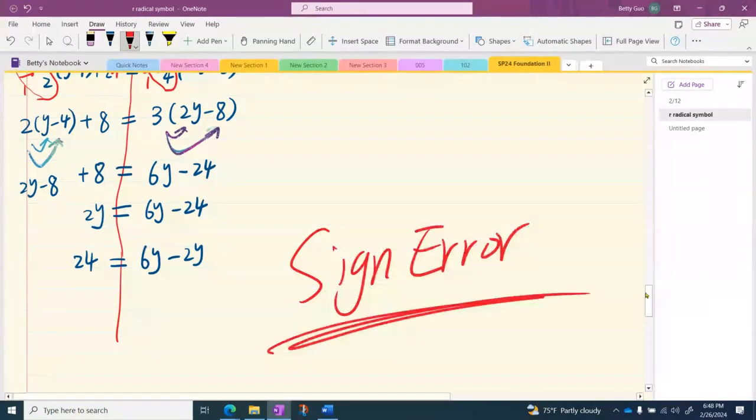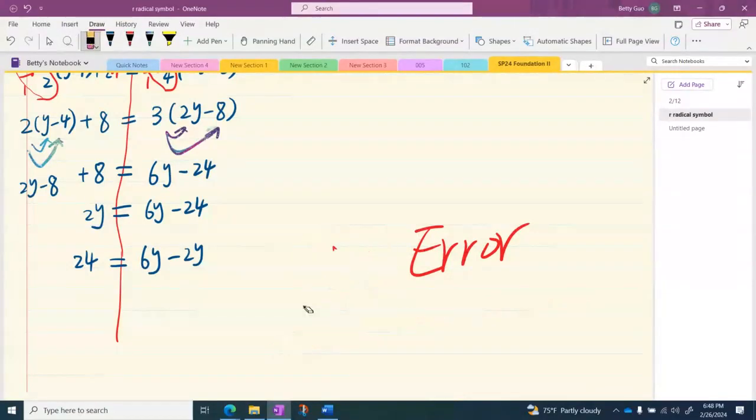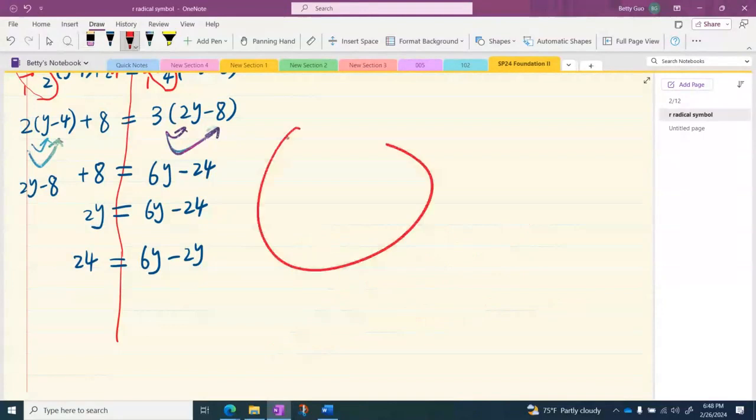People mess up the sign all the time. Sign error is something we need to pay attention to avoid. And the reason I choose to isolate the variable on the right side this time is because I can avoid handling negative coefficients, right?